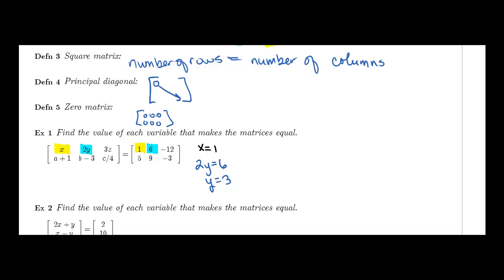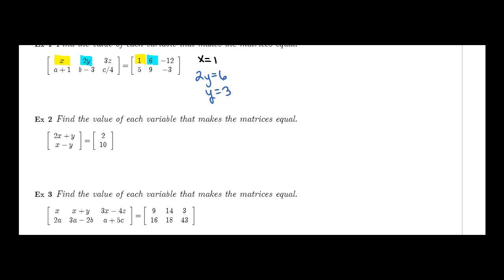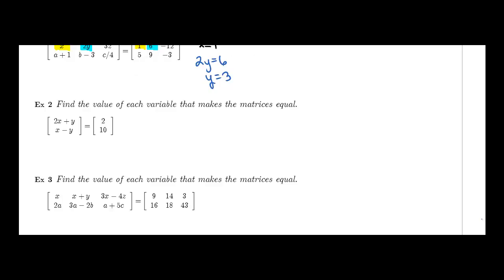And I want you to complete the rest of this matrix by finding the variables given in the first matrix based on their corresponding terms in the second matrix. I want you to pause the video here and then go online to complete the corresponding homework problem for this video.